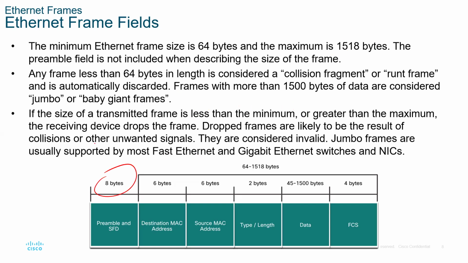Then from that, we know what the destination MAC is. We know what the source MAC is. We know what the type is. The type basically defines the layer 3 protocol that is being used, and the most common that we use are IPv4 and IPv6.